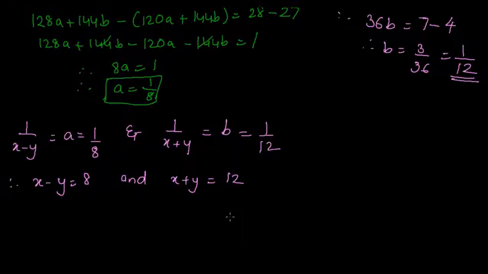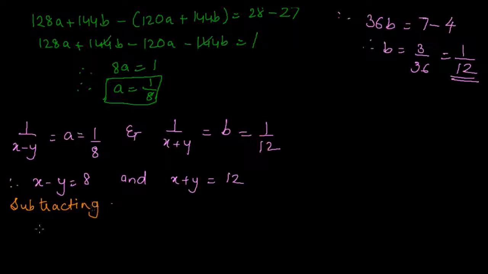Now we need to solve these two equations again simultaneously to get the values for x and y. So I'll be doing the elimination method again, and I'm subtracting the two equations.